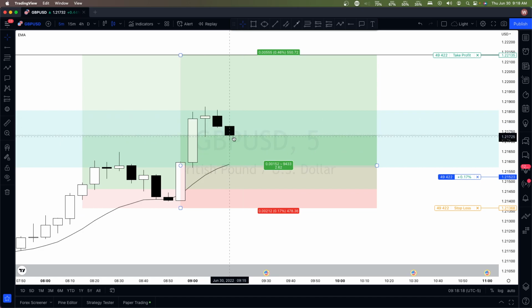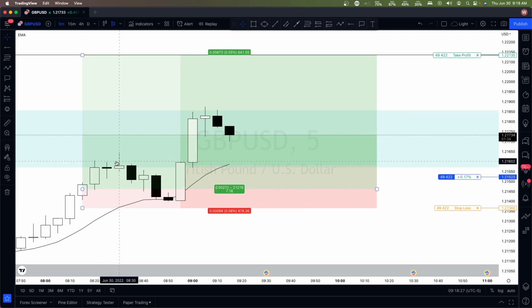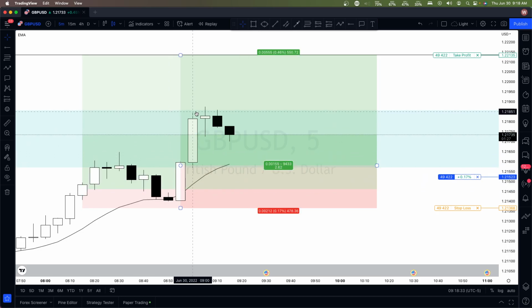Hopefully we'll make a higher low, and then break above it. But we tested the bottom, came down, tested the EMA, broke above, shot right to the top. Now we're kind of struggling to go back down. And we actually broke above it. So hopefully we can test this again.